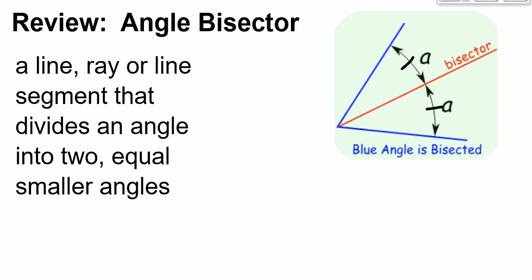So if you're looking at the diagram on the right, the blue angle is being bisected by the red segment, which means that angle A and angle A have to be the same measure. For example, if the big angle started out being 50 degrees, the bisecting would make each of the angles 25 degrees. They both have to be the same measure.